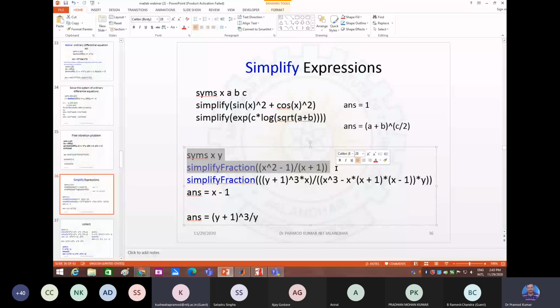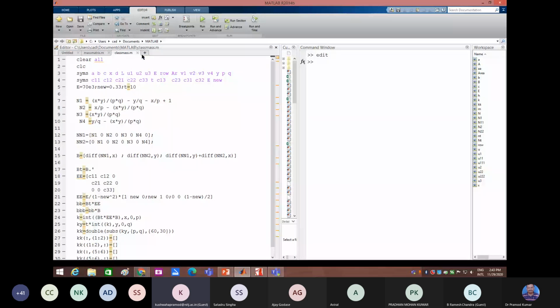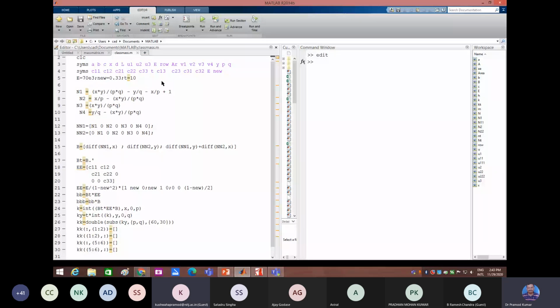When you practice on your Matlab, you can see this. And you can take it in your mobile or the software if you have, you can use this.